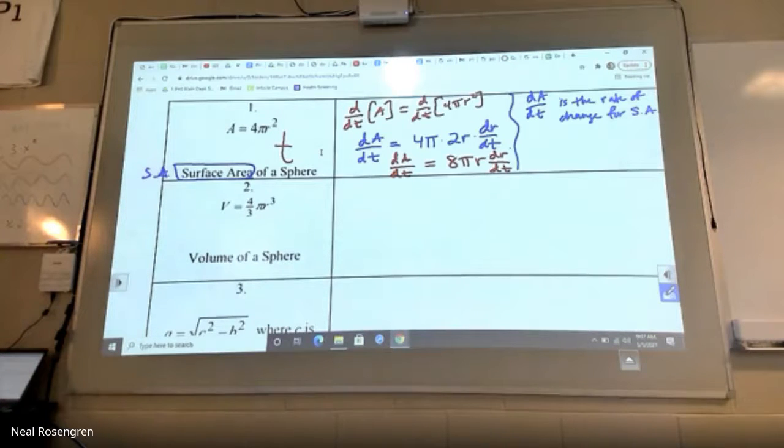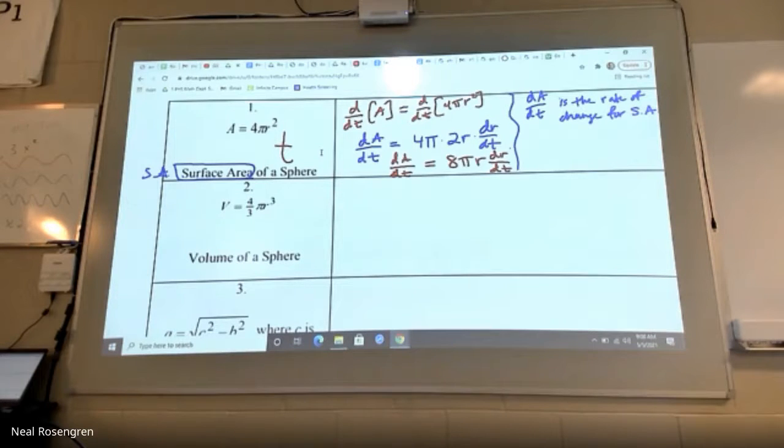It is how fast the area is changing with respect to time. And I want things to match. Like you're going to give me a dr dt and it's going to be in, let's say, feet per second. Well, then my area rate had better also be with regard to feet as its size and seconds as its measurement of time. And depending on what dimension you're in, that'll change what your rate represents.